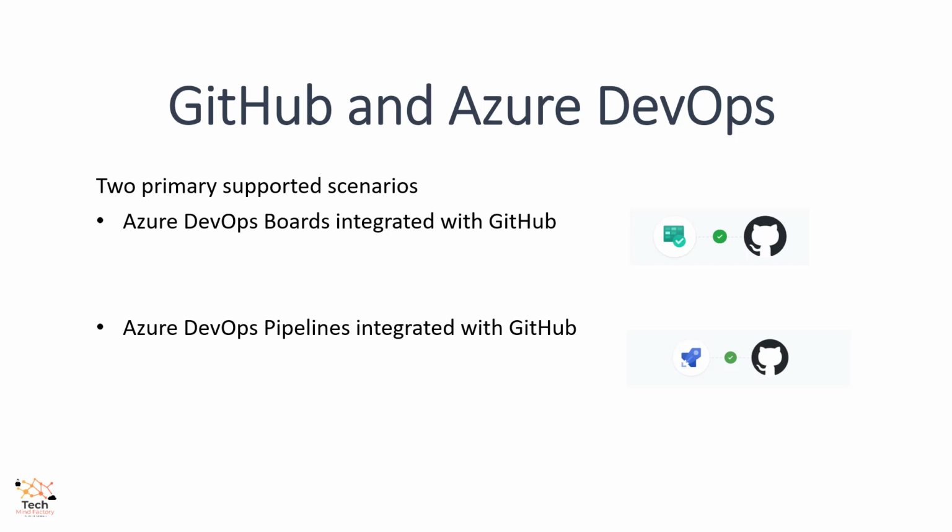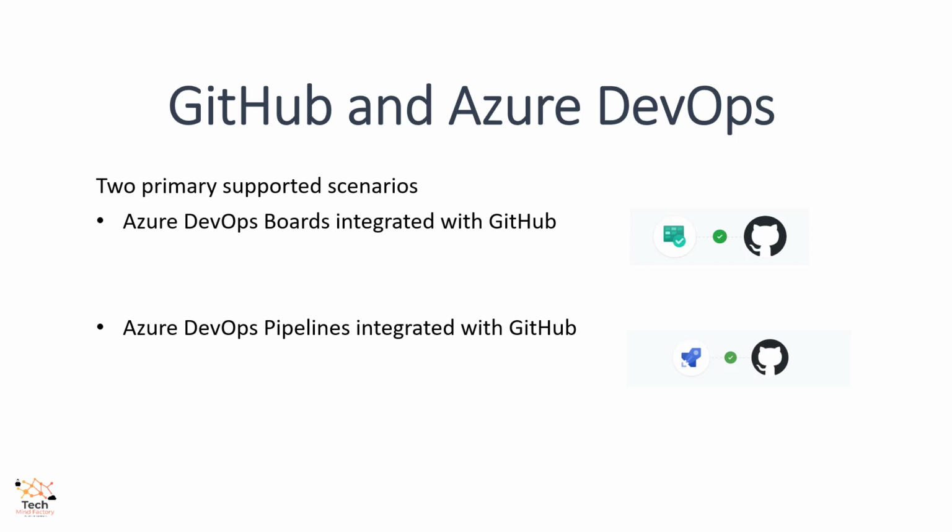And the second scenario is when you want to still deploy to different kinds of environments using Azure DevOps pipelines. So in this case, there is also integration possibility between GitHub and Azure DevOps. You can host your code on GitHub, you can create pull requests on GitHub, but builds and releases will be triggered in Azure DevOps.